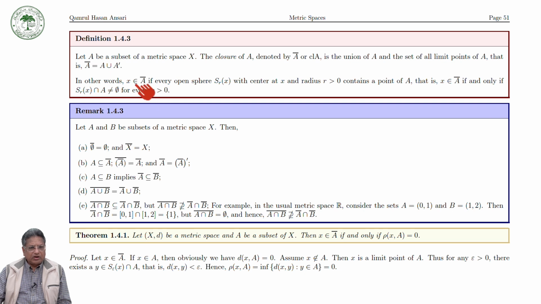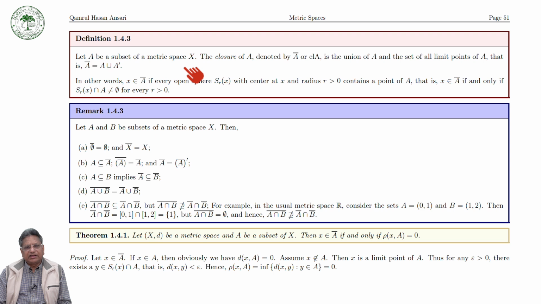So the closure of A is the set of all points of A together with the limit points of A. For example, we have considered the set A equal to 1, 1/2, 1/3, 1/4 and so on. No point of this set is a limit point of A, but 0 is the limit point of A. So you include 0 here, and that would be the closure of A.